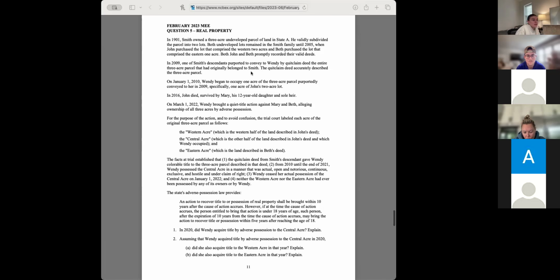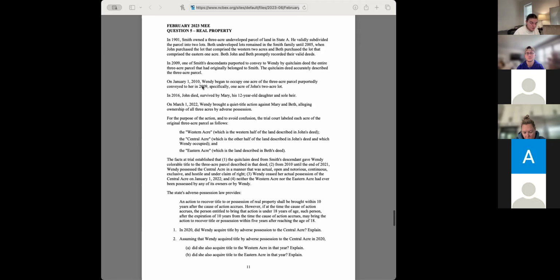Okay. Then in 2009, one of Smith's decedents purported to convey to Wendy. So then that's when Wendy comes in the picture. Then in 2010, we have Wendy begins to occupy 1 acre of the 3-acre parcel purportedly conveyed to her in 2009, right?